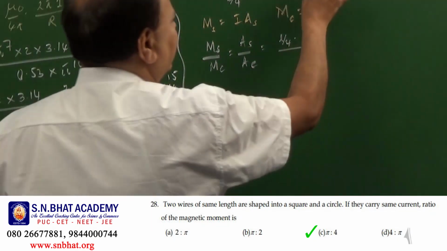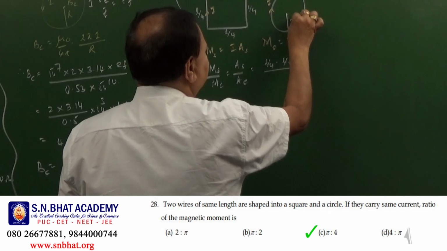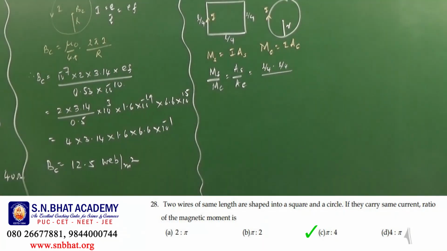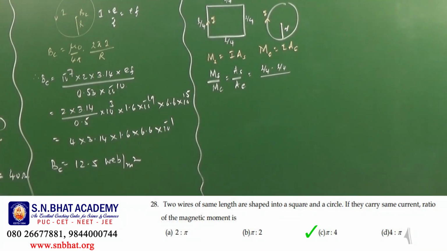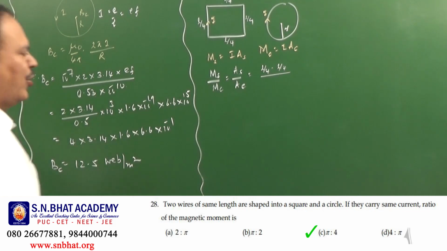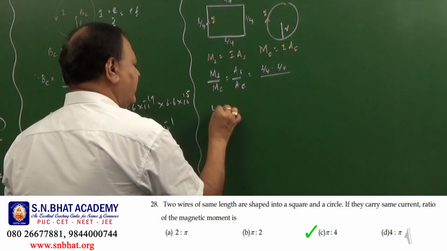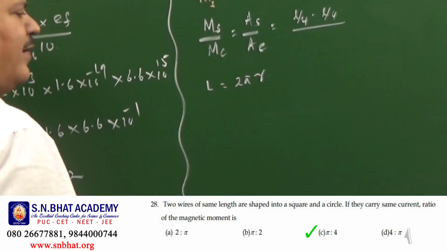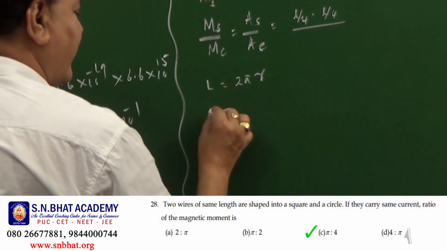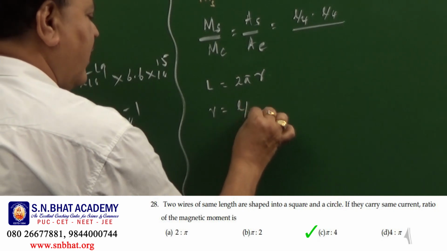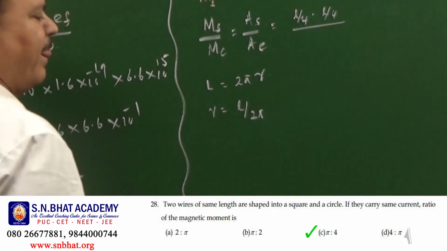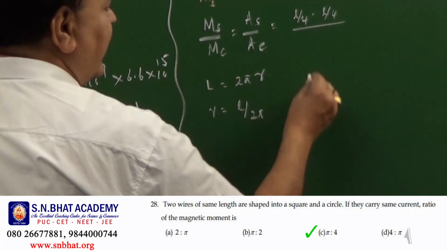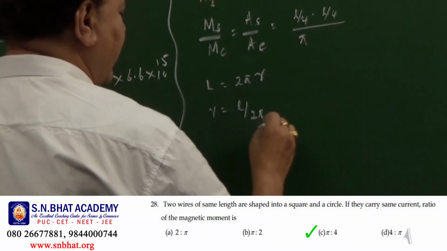And here this is R, the radius, and for which you know that total length L is equal to circumference, which is 2 pi R, and therefore your R is equal to L by 2 pi, but area is equal to pi into R square.